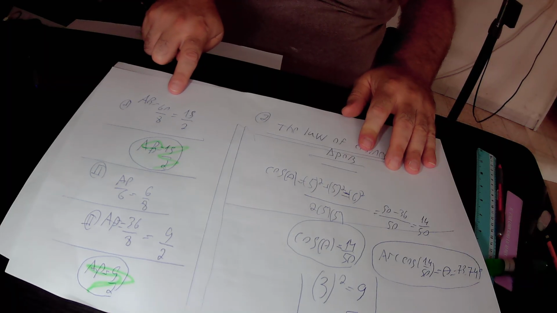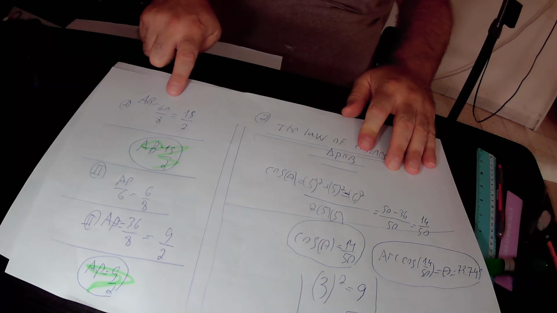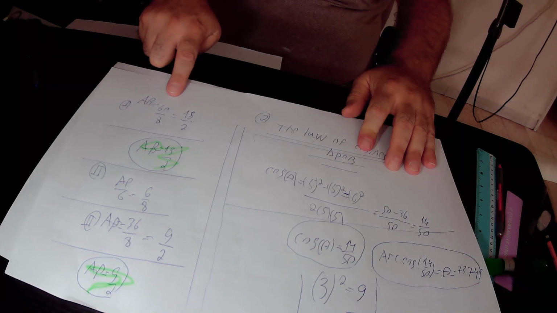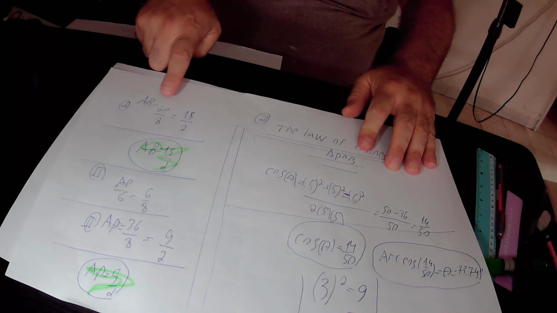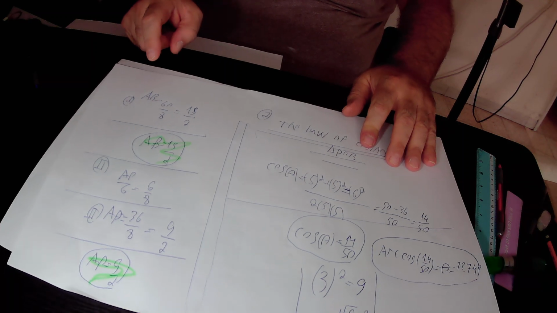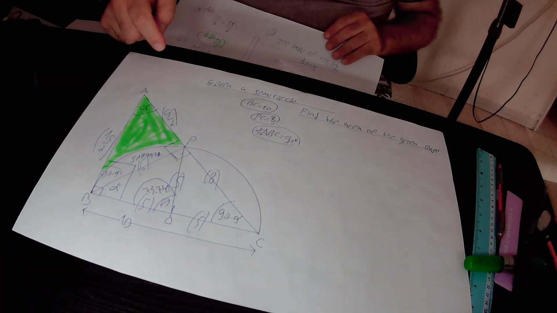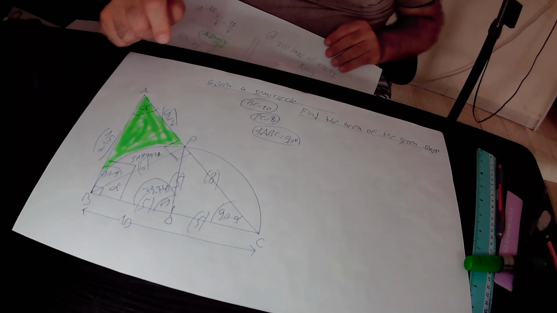Here we divided both the numerator and the denominator by 4 and found that 60 over 4 is 15 and 8 over 4 is 2. So in total, the length of AB is 15 halves.